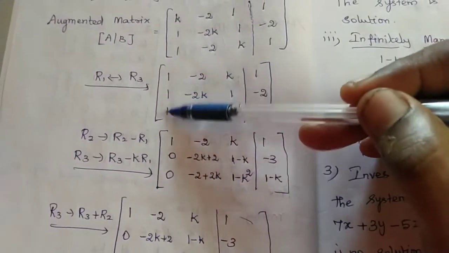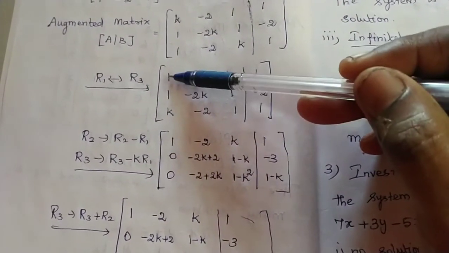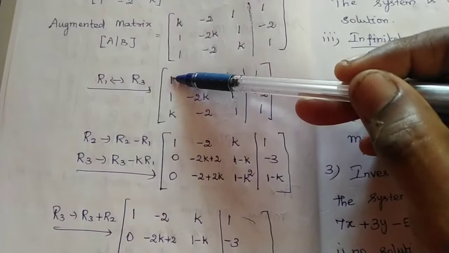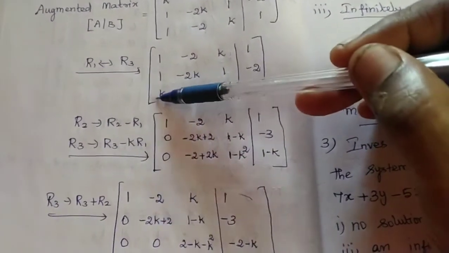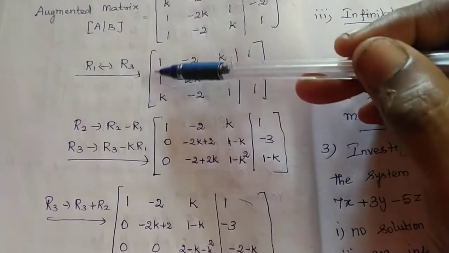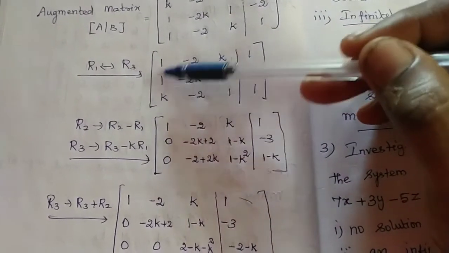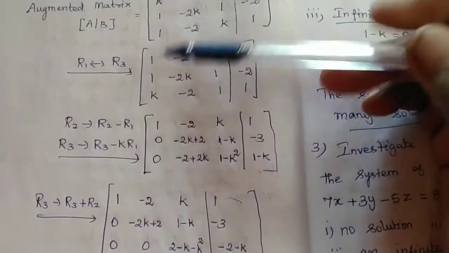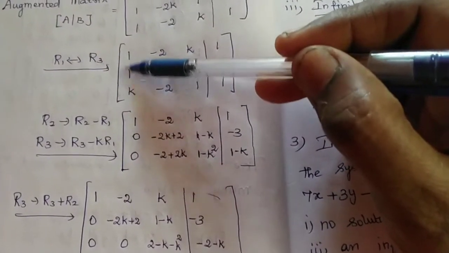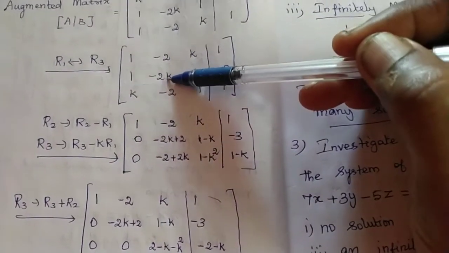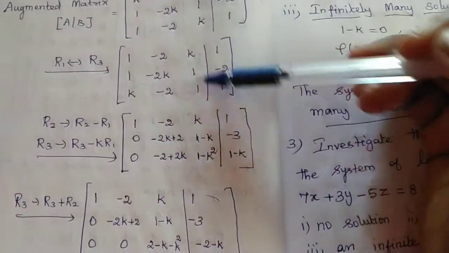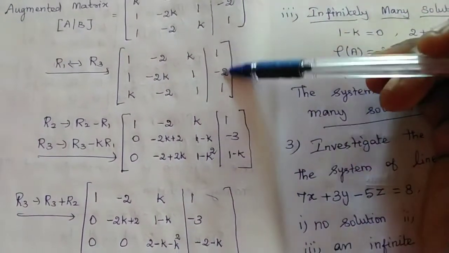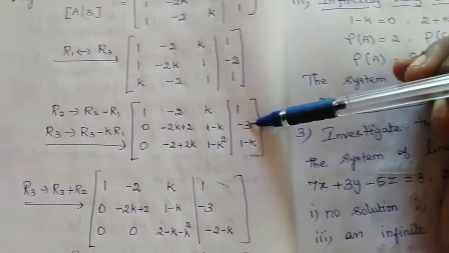Now we want to make these two places 0. That means R2 becomes R2 minus R1, and R3 becomes R3 minus k R1. R2 minus R1: 1 minus 1 is 0, minus 2k plus 2 is 2 minus 2k, and 1 minus 1 is 0, and minus 2 minus 1 is minus 3.